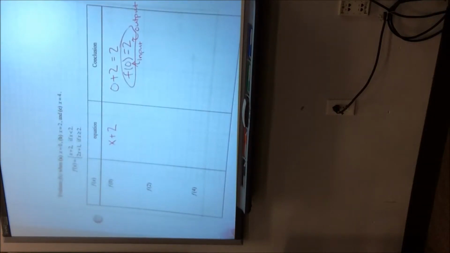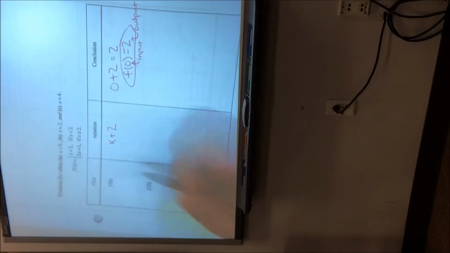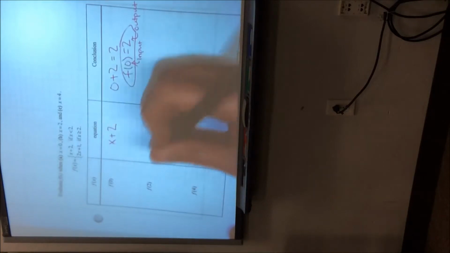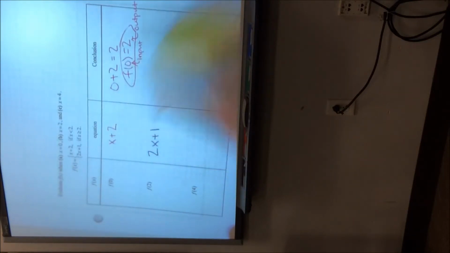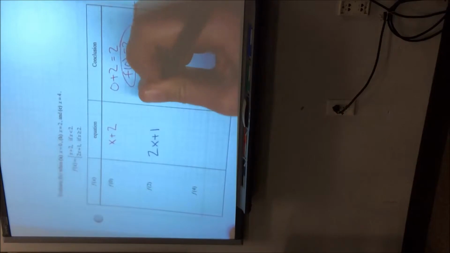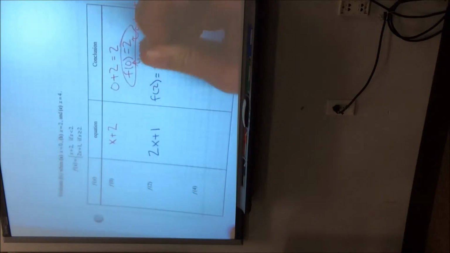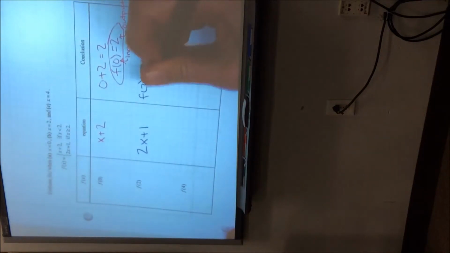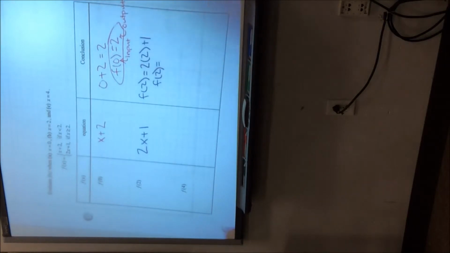So, f of 2. If my input is 2, which equation should I use? 2x plus 1. Yeah, because I use 2x plus 1 if x is greater than or equal to 2. So my function, when x is 2, would be 2 times 2 plus 1, or 4 plus 1, which is, anyone? 5.